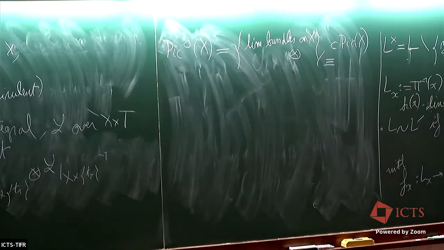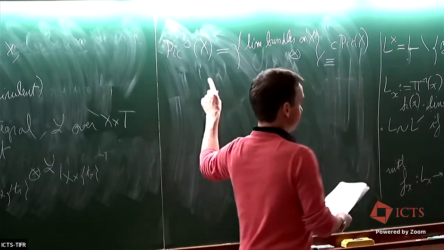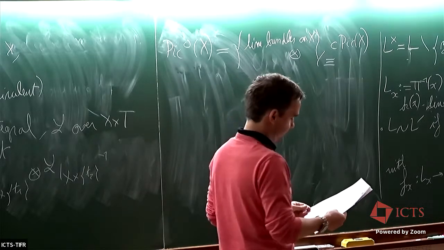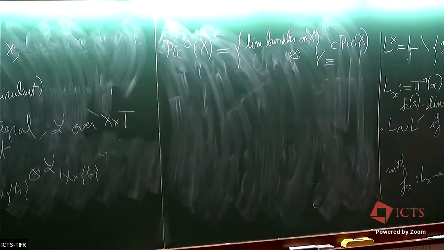I suggest you try it, but it's not very difficult. So in the case of curves, we retrieve exactly what you know about Div0 here. All right, now I can define this. At least good candidates and what should happen.